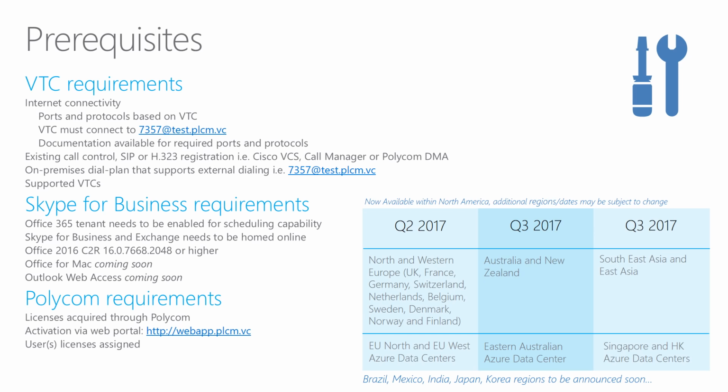And again, that test number can be used. There's also a set of supported VTCs that we're testing. That list is published online, and I think we have some slides on that later in the presentation. We are updating it regularly. If it's not in the list, it doesn't mean it's not supported. It just means it may not have been tested at this time by Polycom.